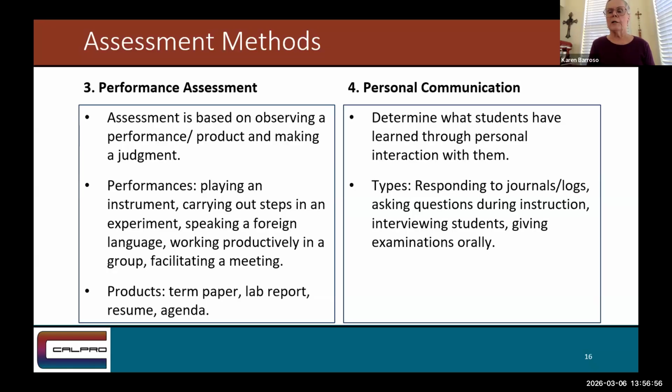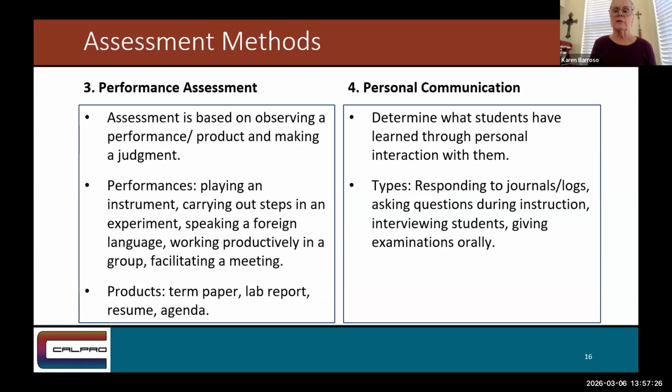People talking with each other, and you can actually assess them as they talk with each other and see what their skills are, especially if it's on a certain topic or a certain learning objective. And then I think if you have time, journal writing is a great way to learn about your students. You ask a question and then collect the journal once a week or something like that. It's a great way to get to know your students.